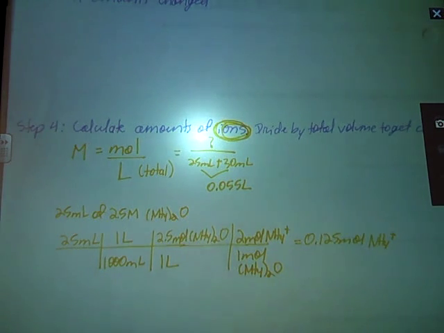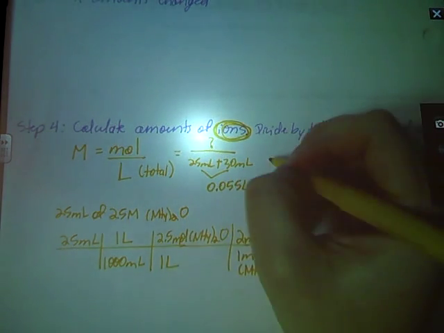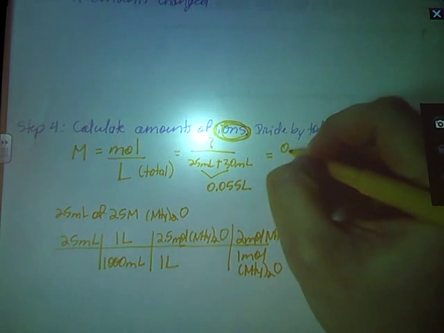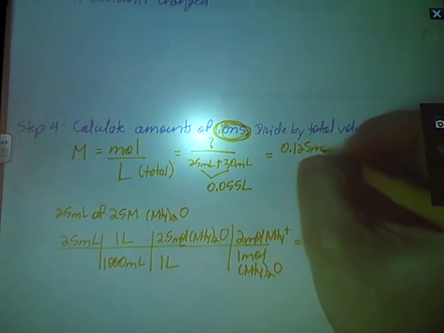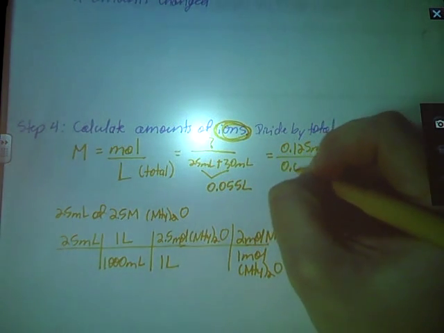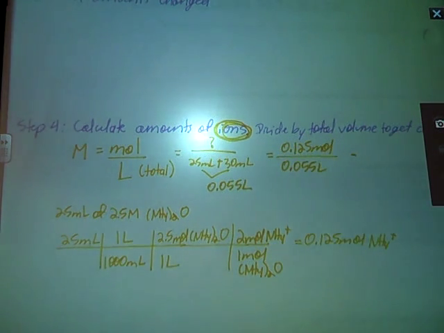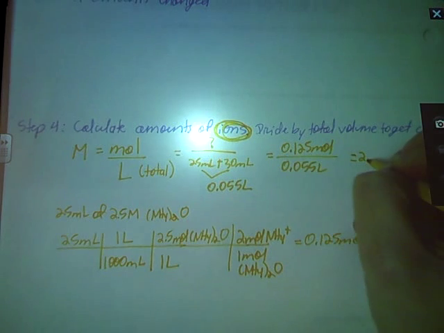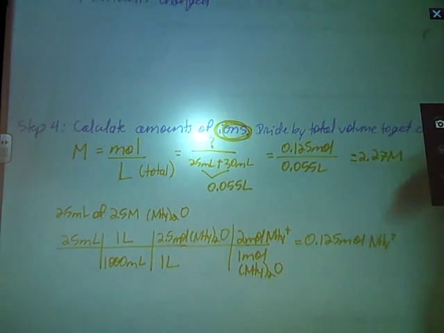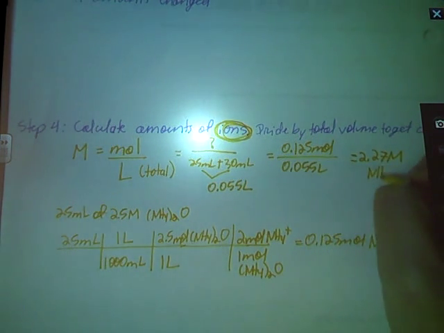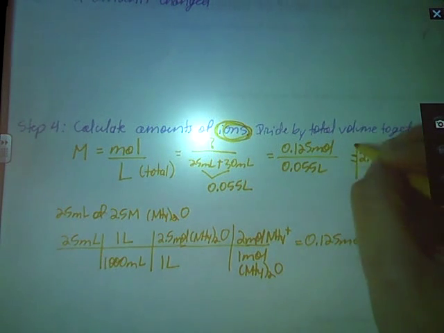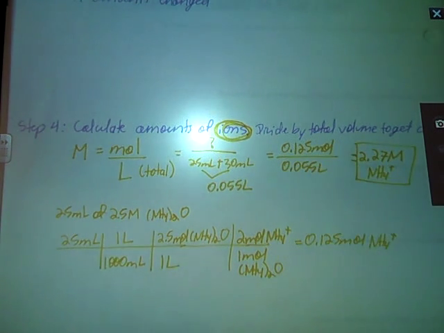Well, there's my moles. Here's my liters. Let's figure out that concentration. So 2.27 molar solution of ammonium ion. That number unit thing still applies.